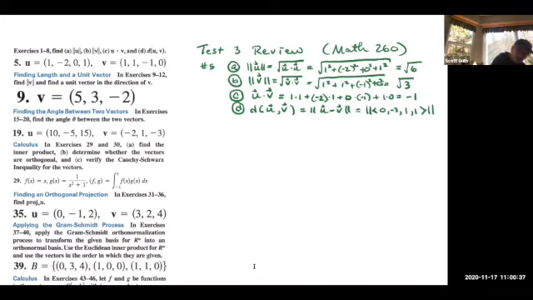So we'll do the square root of 0 squared plus negative 3 squared plus 1 squared plus 1 squared. That looks like the square root of 11.